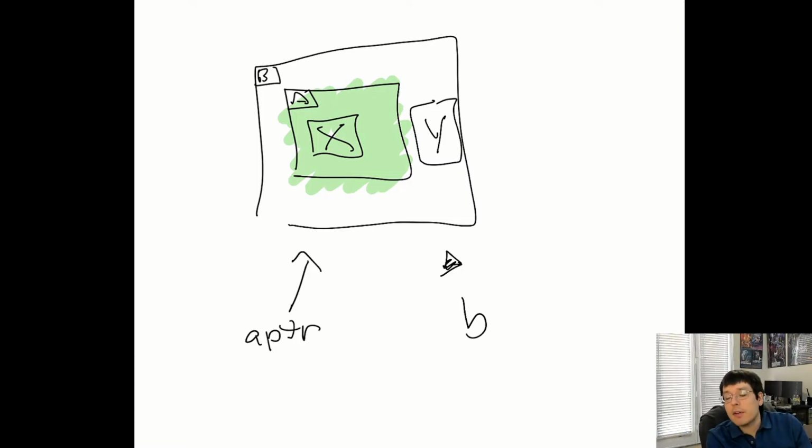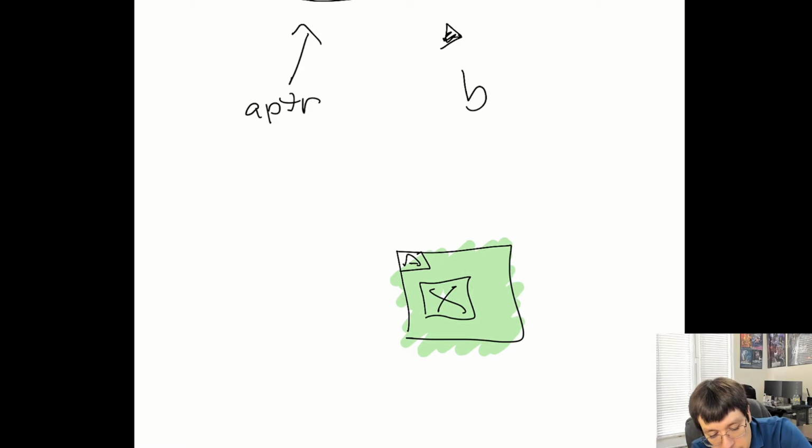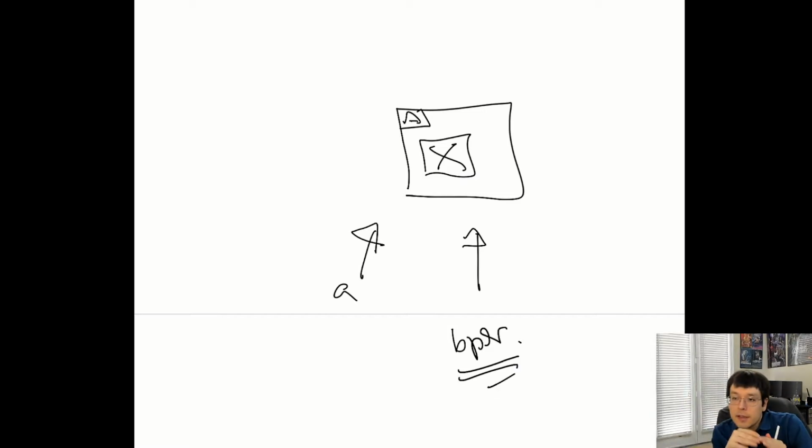The other way around is really bad. Why? Because if I have an A, so let's copy and paste this. If I have an A, which is currently being pointed at by APTR, and I want to point it now with a BPTR, what I'm saying is that instead of this being an A, I want the compiler to think this is a B. Now, why is that the issue?